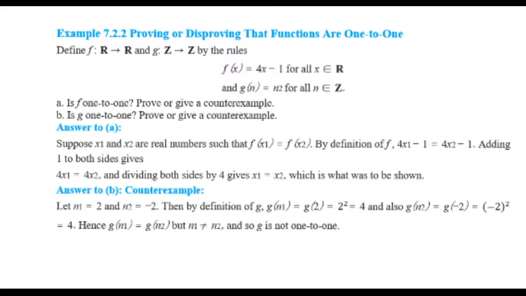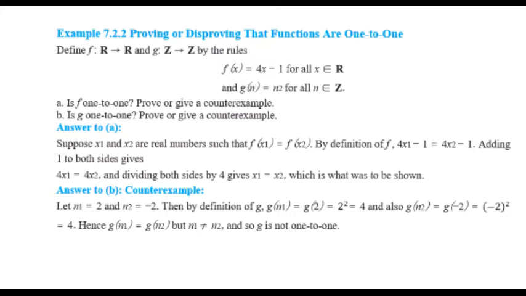How? Let's see this example. I assume two different members of the domain. The domain was the set of integers, so I assume n1 equal to 2 and n2 equal to negative 2.